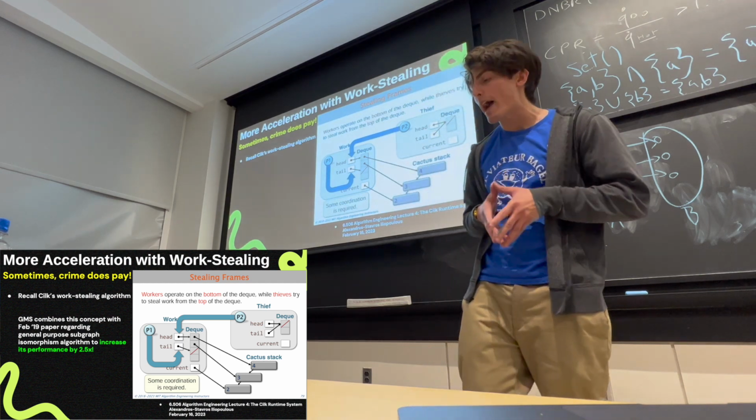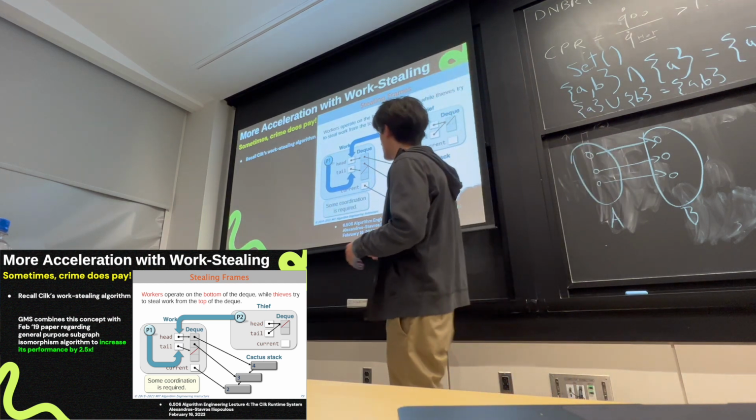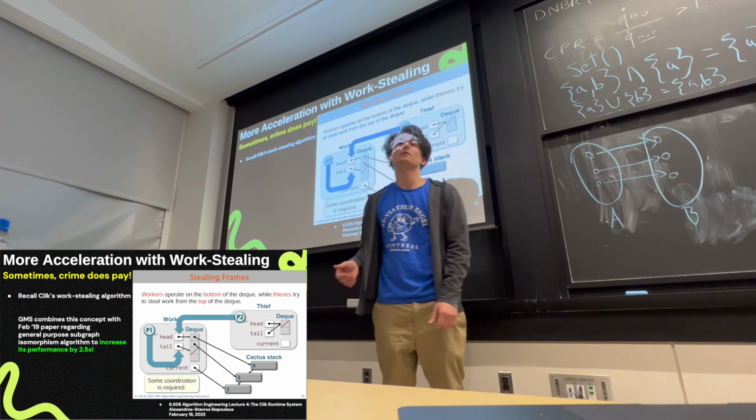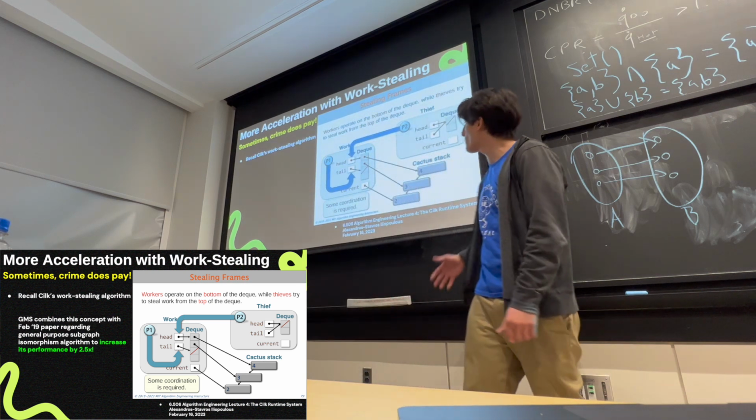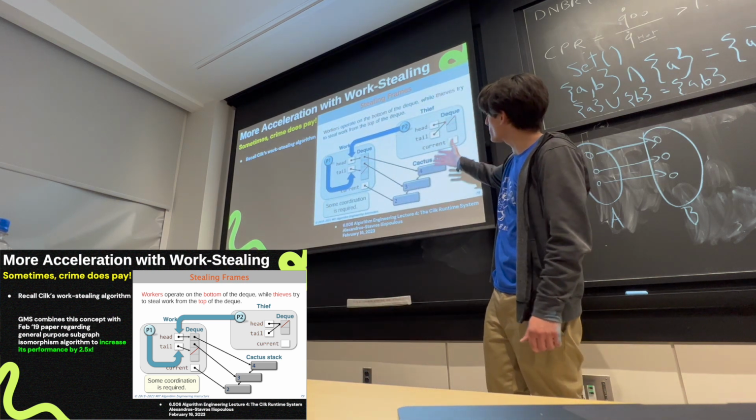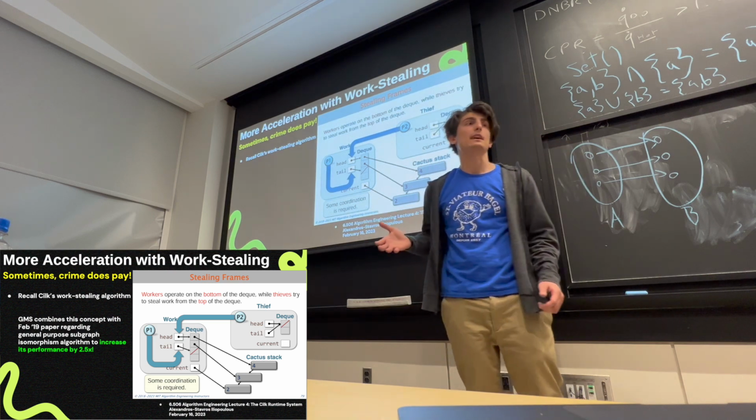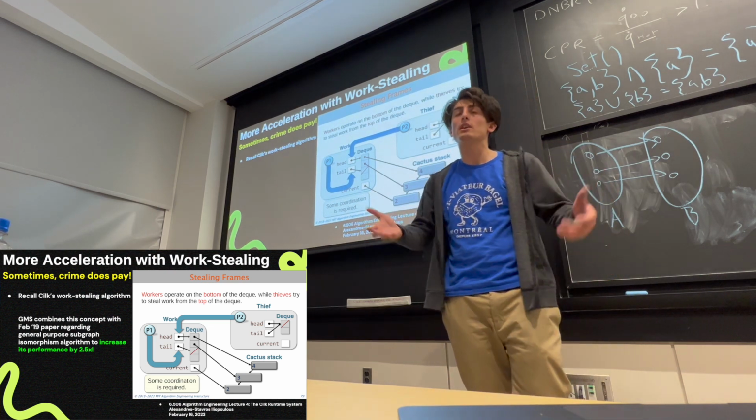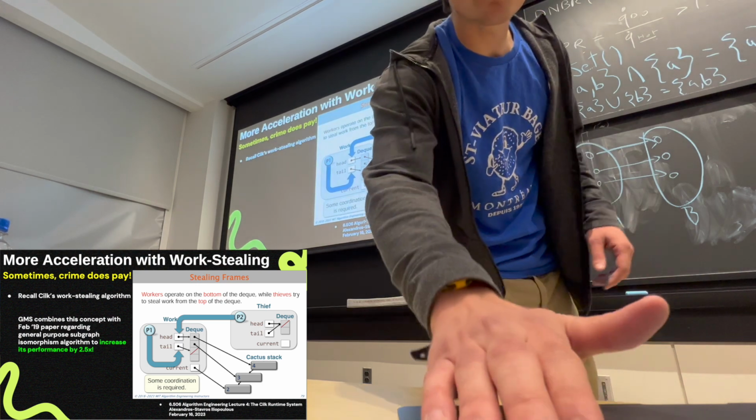So we can go back to a point that was told to us earlier in the term. In fact, it was lecture 4, and it was regarding Cilk's work-stealing process, which I thought was really interesting. I'm sure all of you did too.